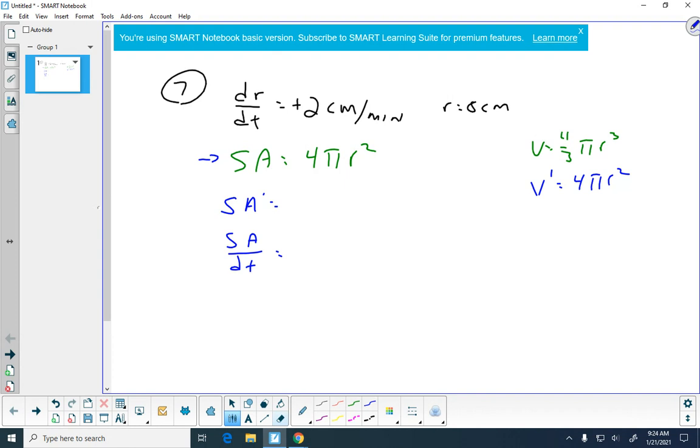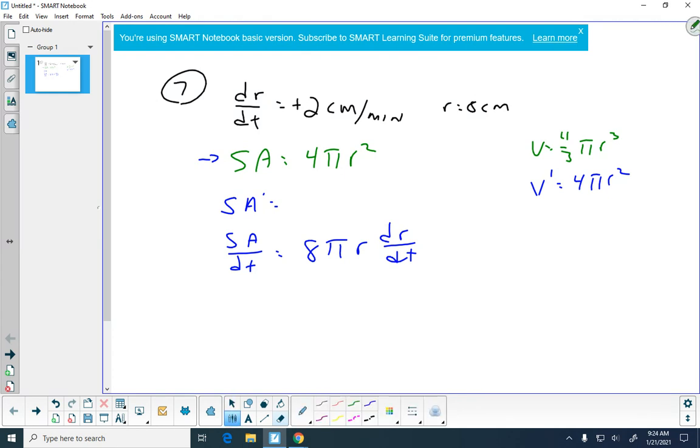So when we have 4 pi times 2, we get 8 pi r, and then we have a dr/dt. They want to know how fast the surface area is changing.